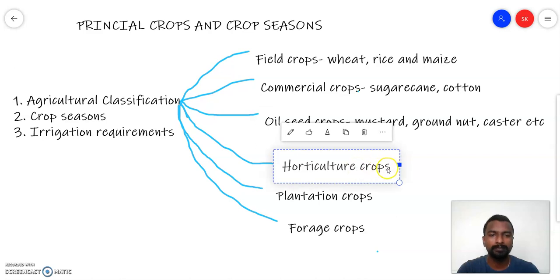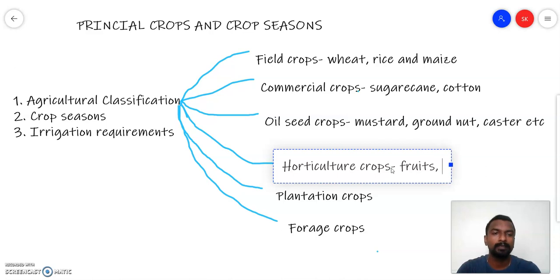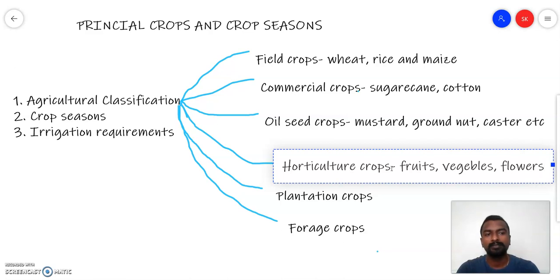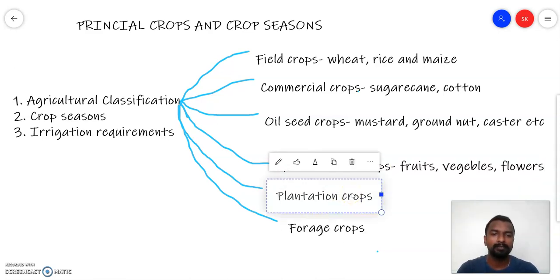The next one is horticulture crops. Examples can be whatever fruits we produce, all the vegetables, and even flowers. Then plantation crops.